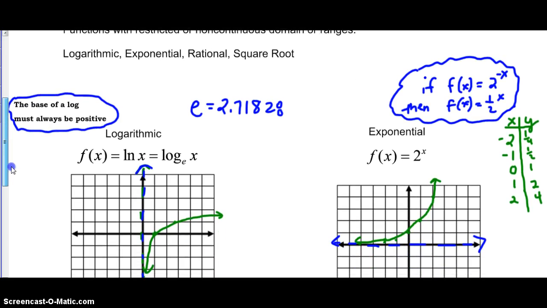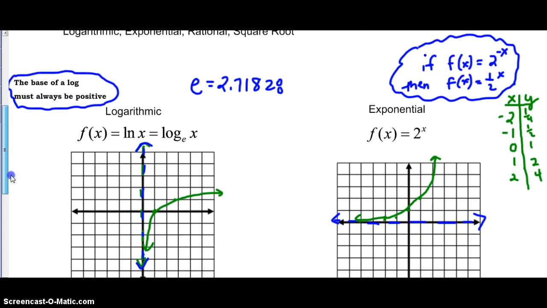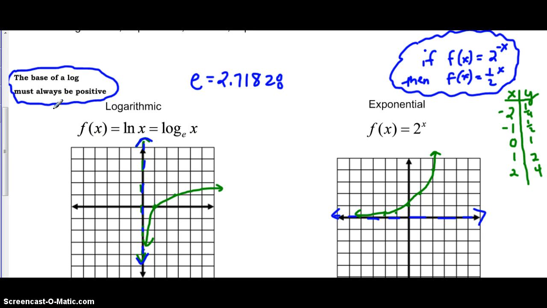A couple things to remember about logarithmic functions: the base of a log must always be positive. So remember what the base of a log is. If you have it written in log form, log base e of x, remember e is the number 2.71828, and that you would need to remember for paper 1.